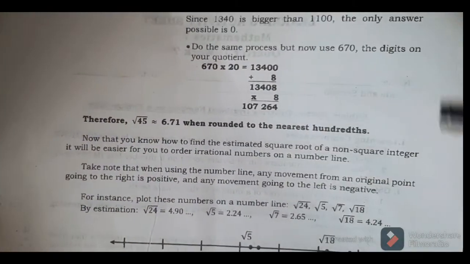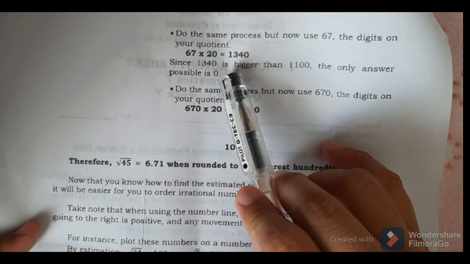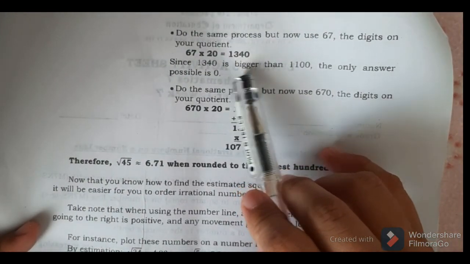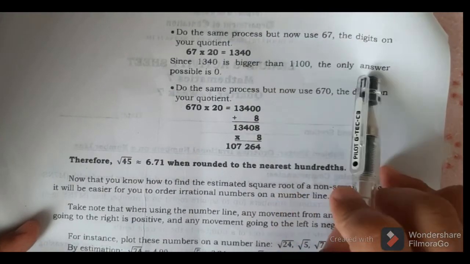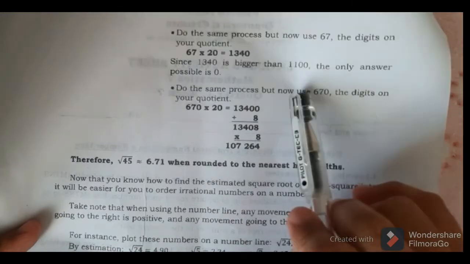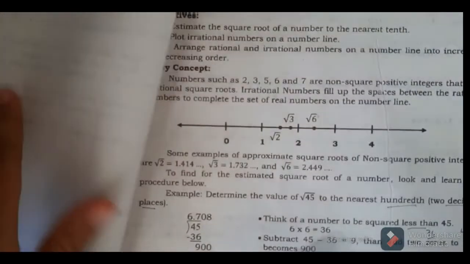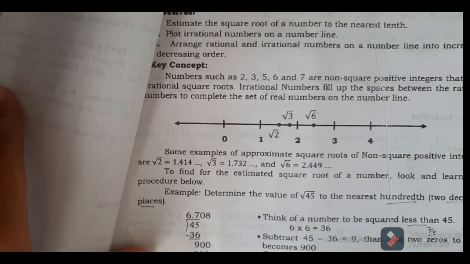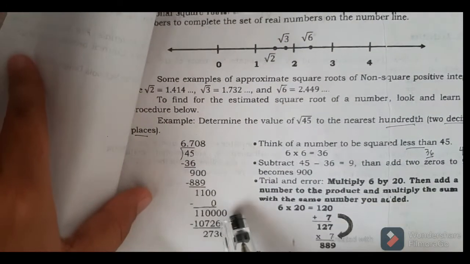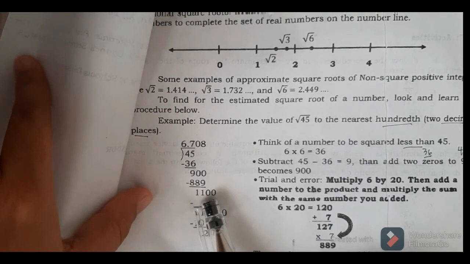Then, ganun ulit. Multiply na naman natin siya by 20. 1,340. Since ang 1,340 ay bigger than 1,100, the only answer possible is 0. Okay? Kapag nag-greater na siya than 1,100. Kasi, ito yung kung natin, di ba? Mag-add tayo ng 2 zeros. After nating i-minus yung 889, 11, then add 2 zeros.